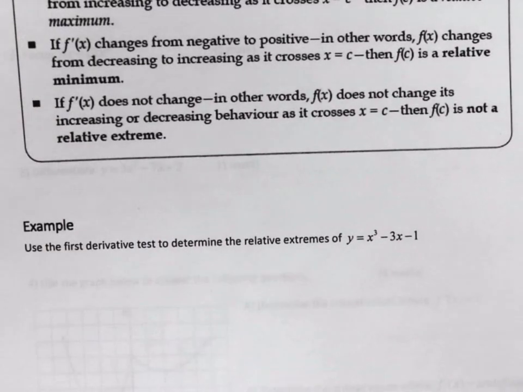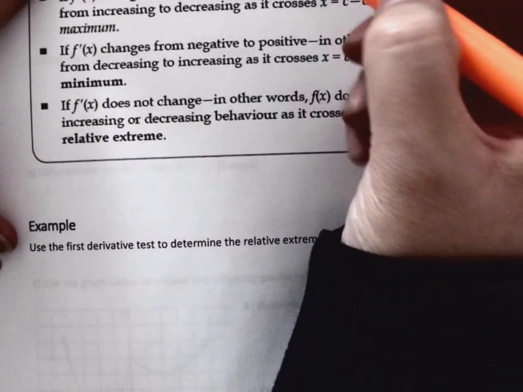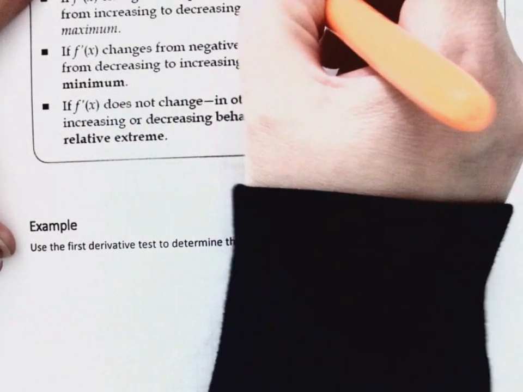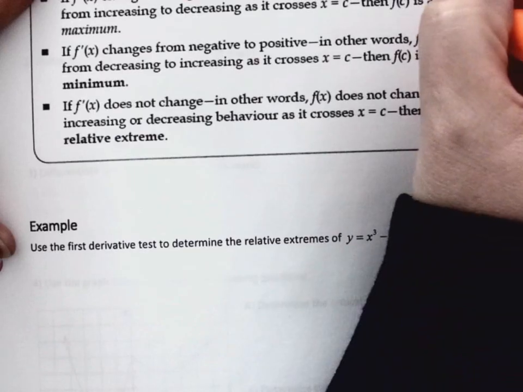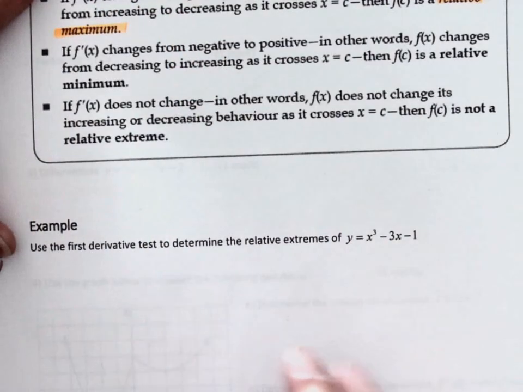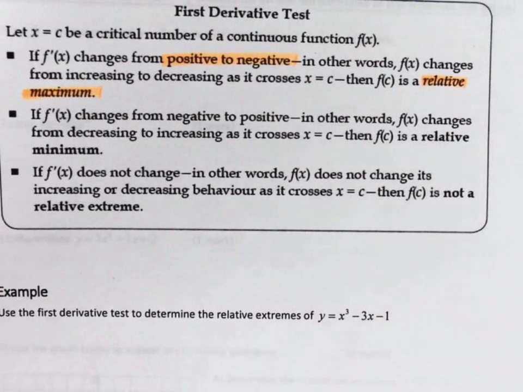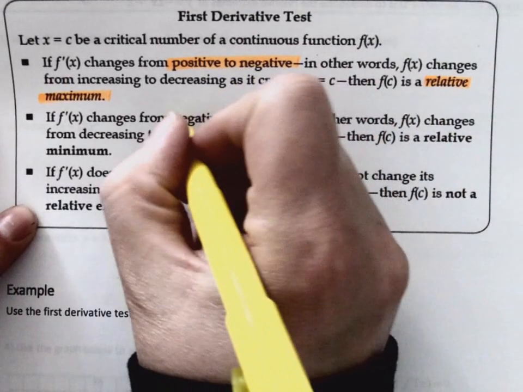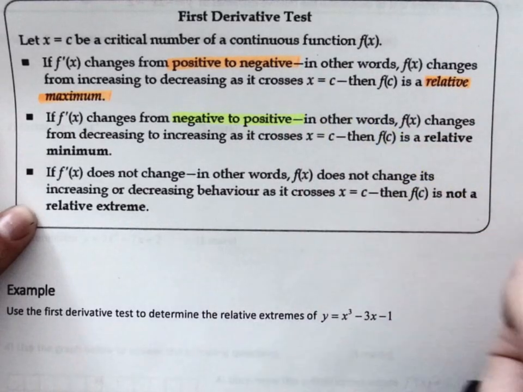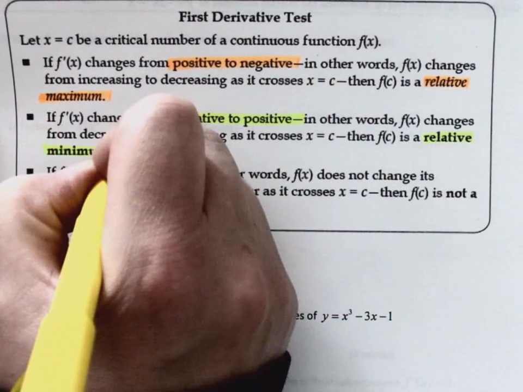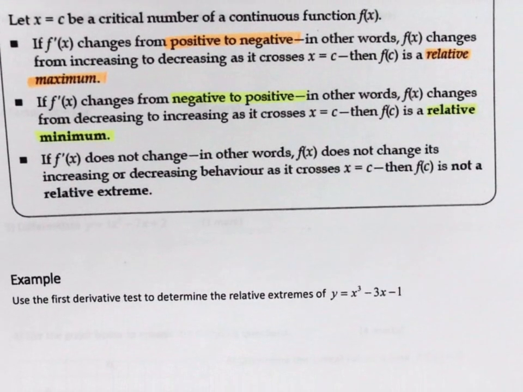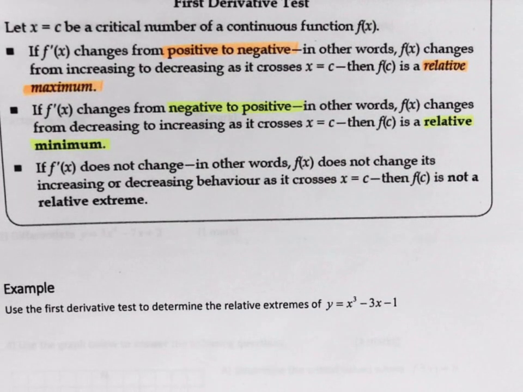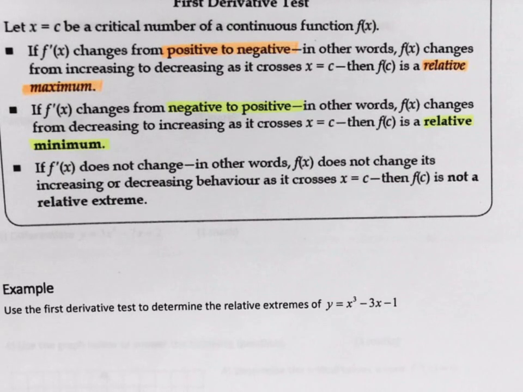Okay, I'm going to grab my highlighter. If we're going positive to negative, we're at a relative maximum, and if we go from negative to positive, we're at a relative minimum. If the derivative does not change, like positive, positive, positive all the way across, it's not a relative extreme point.